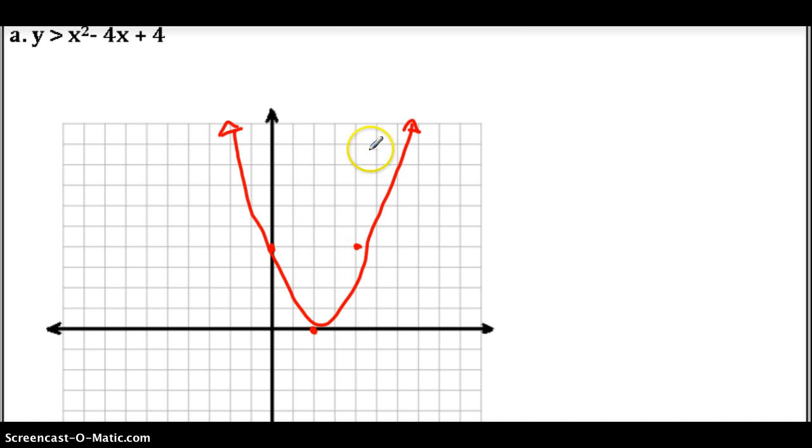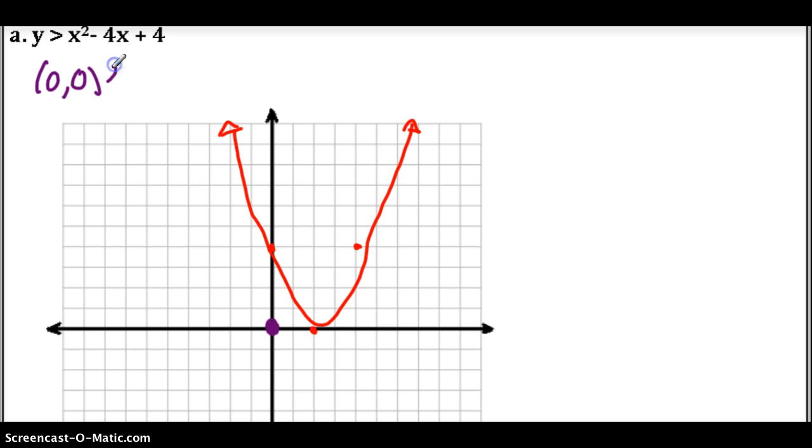We pick a coordinate, any coordinate on the outside of the parabola, and I always go with 0, 0. 0, 0 is on the outside. And we're going to see if 0, 0 is inside the solution set. So if I plug 0, 0 in, and it's true, I know I shade on the outside. If this turns out to be false, I'll shade on the inside.